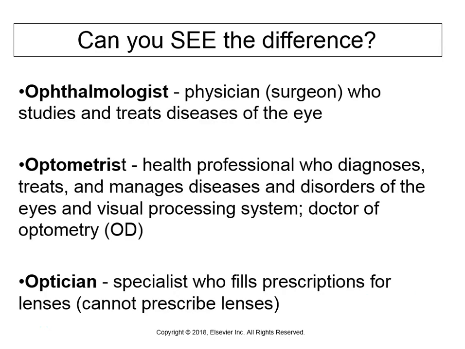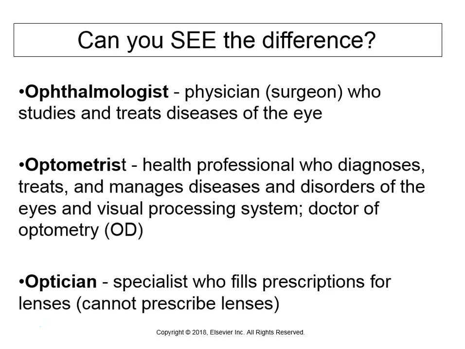Last, we have a couple of just distinctions just to make sure you clearly understand the difference. The ophthalmologist could be the surgeon who studies and treats eye diseases. So, for example, on that previous question when we had enucleation, they wouldn't remove the eye in the doctor's office, but they are a surgeon capable of then going and doing an enucleation if they needed to.